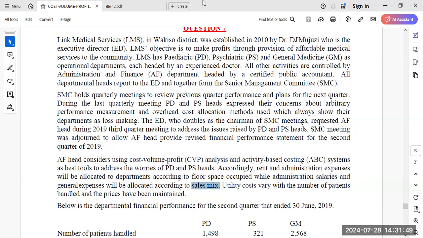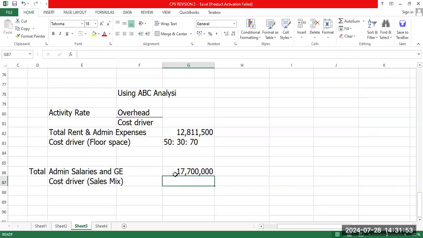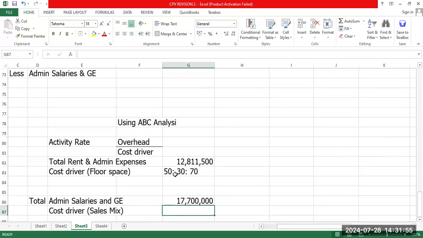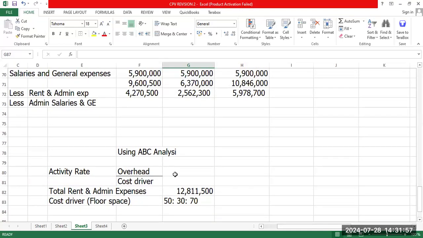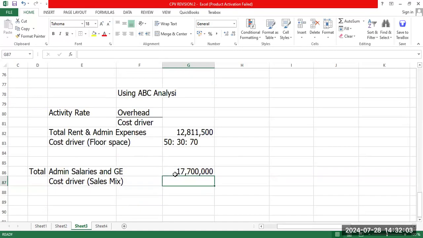So what was our sales mix? If you recall, we had 0.35, was it 0.35?